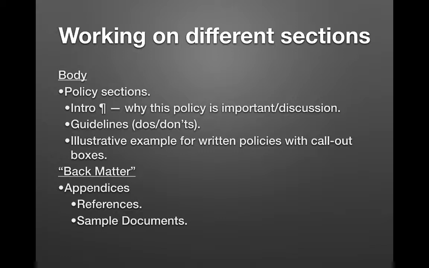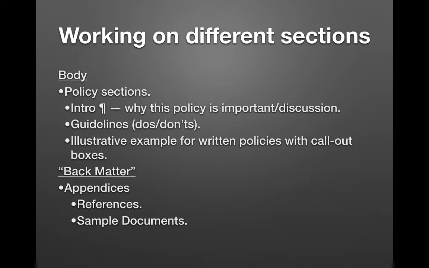Okay, and then lastly, the back of the document, after the body, we have what's called back matter. And generally, it's appendices, and it could be a glossary, it could be an index by topic. It could include some sample documents, so sometimes people have to fill out specific forms and documents, and you can talk about them in the body of the document and then refer them to the sample documents at the end.